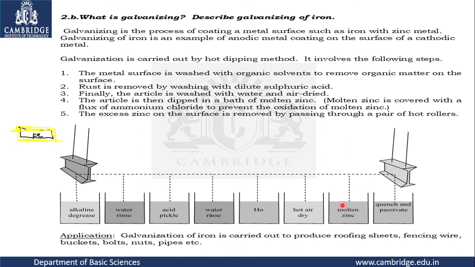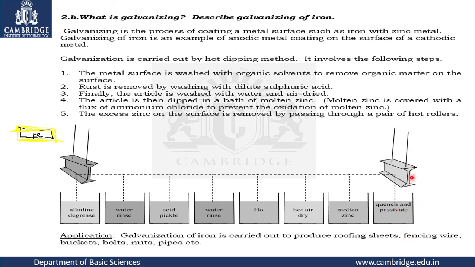Another use of the flux is to protect the metal from the oxidation process. Now the object is immersed in it, taken out, and pressed between two hard rollers to get a thin and uniform deposit all over the object. That means the excess zinc on the surface is removed by passing through a pair of hard rollers.